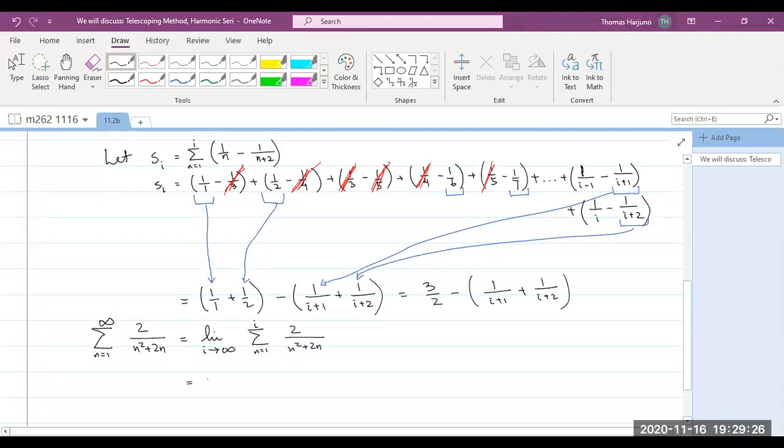But we have seen earlier that this summation here is 1 over n minus 1 over n plus 2.